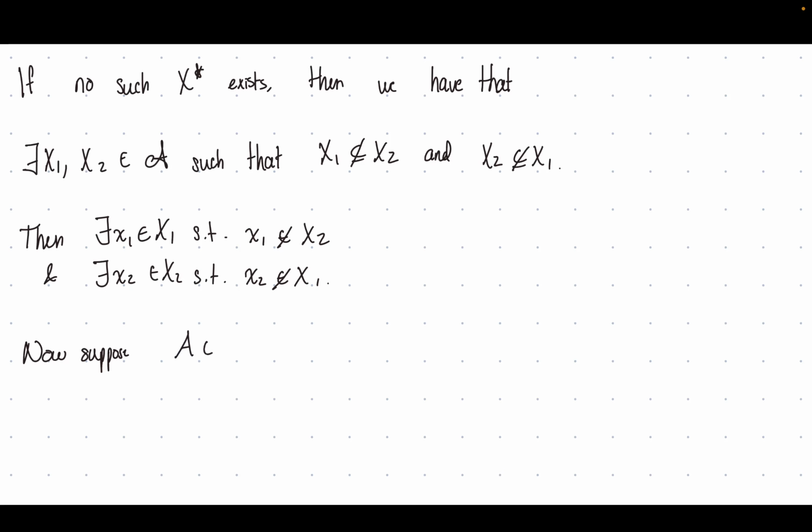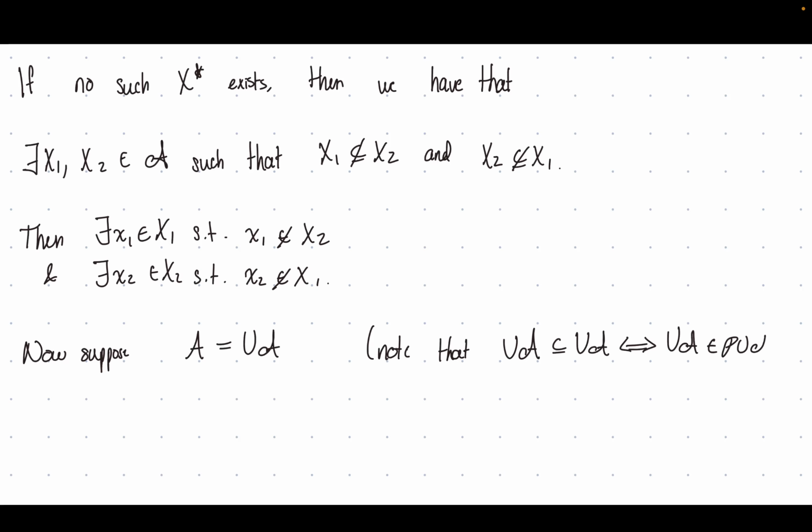Now suppose A in the power set of the union of A is equal to the union of A. Or rather, let's just say A is equal to the union of A. Note that the union of script A is a subset of the union of script A, which implies that the union of script A is in the power set of the union of script A, in case that wasn't clear.